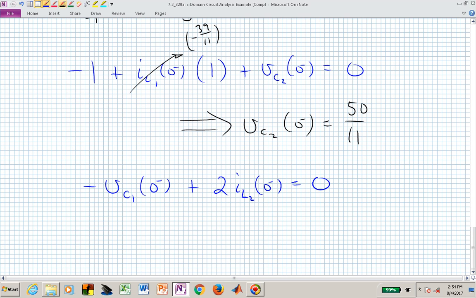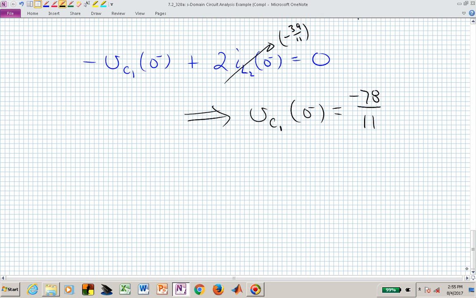Again, I sub L sub 2 of 0 minus was this, minus 39 over 11. So now we know that V sub C sub 1 of 0 minus is 2 times that, or minus 78 over 11. And those are now our 4 initial conditions on our 2 inductors and our 2 capacitors.